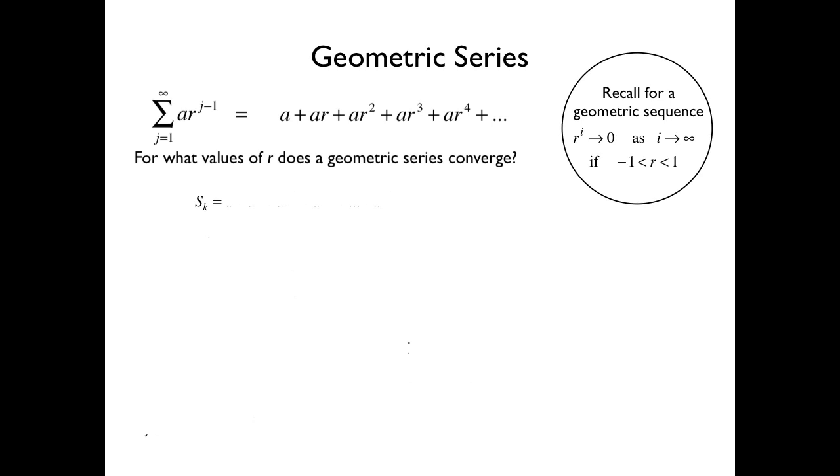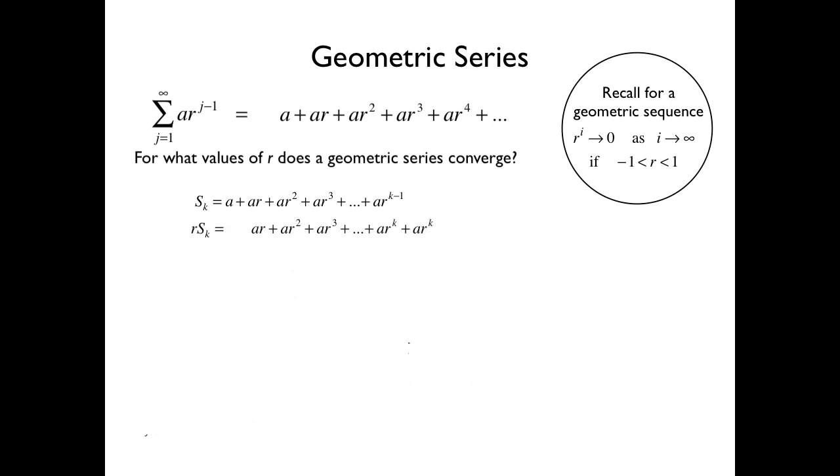Ar to the k minus 1, right? Because we're doing ar to the j minus 1, the last thing we add in the kth partial sum is ar to the k minus 1. Does that make sense? So there's our kth partial sum.